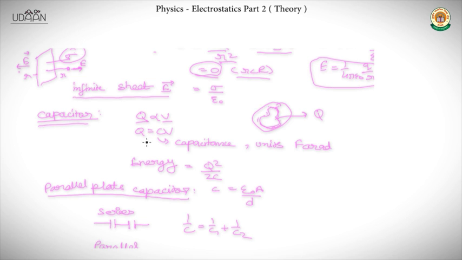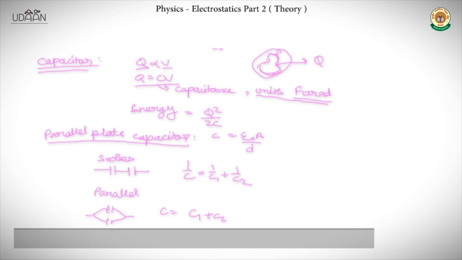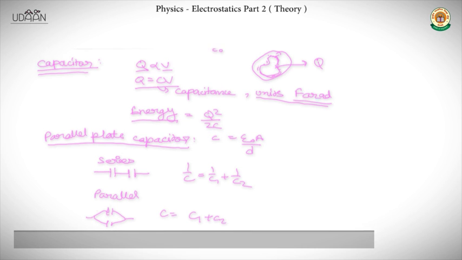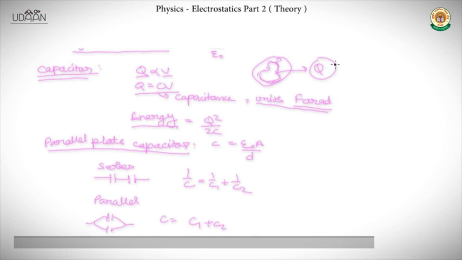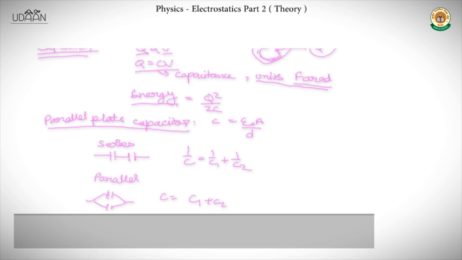From this, Q is equal to CV, where C is the capacitance. The unit of capacitance is farad. Energy of a capacitor is equal to Q square by 2C. You can apply it to this body. These are some simple basic formulas that you will figure out.